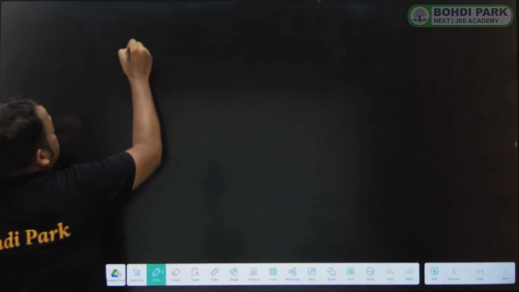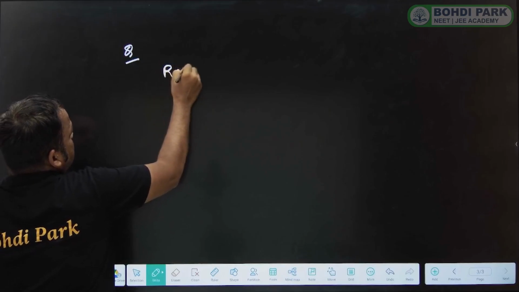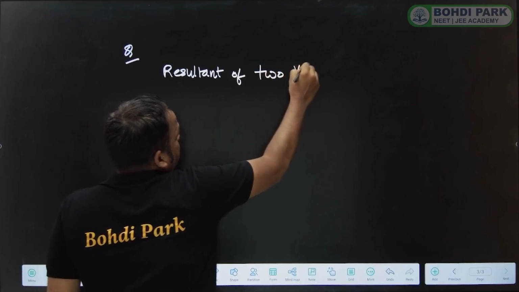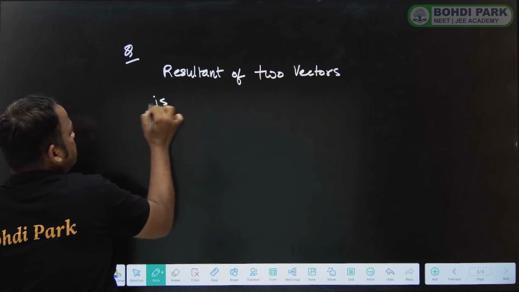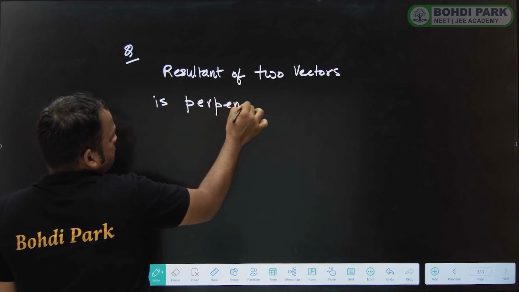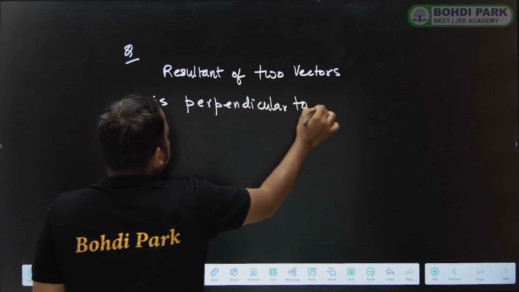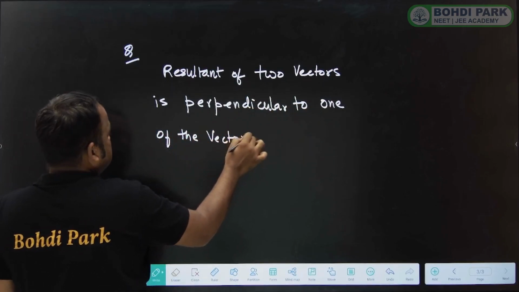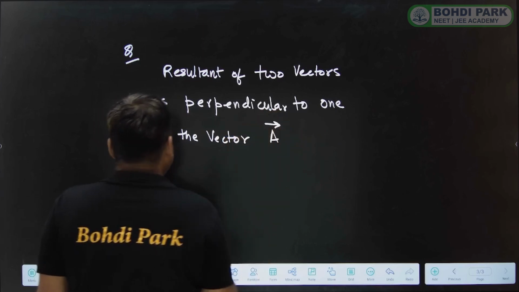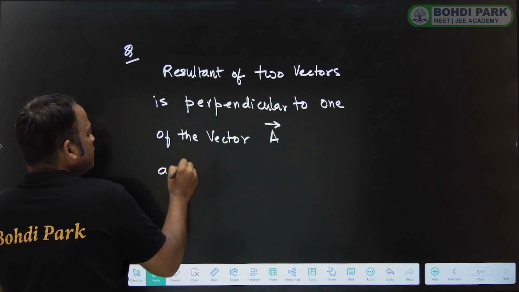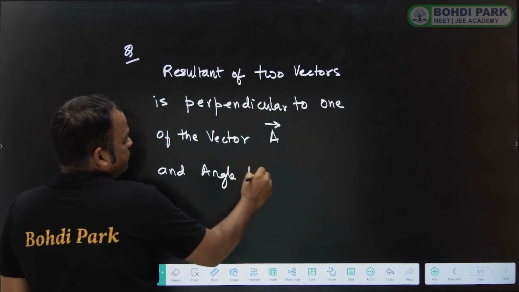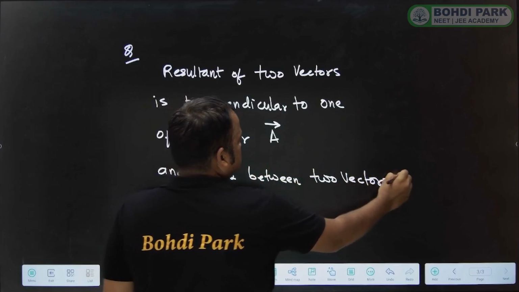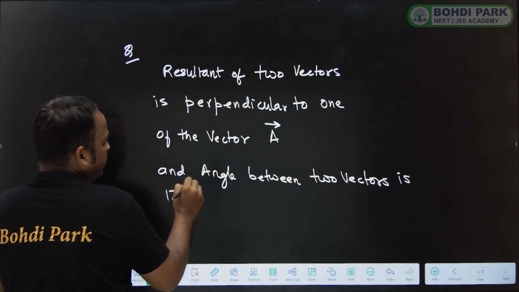So let's use a question. Resultant of two vectors is perpendicular to one of the vector, a vector, and angle between two vectors is 120 degree.